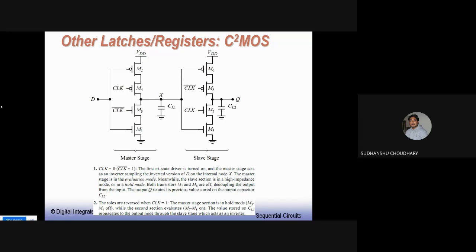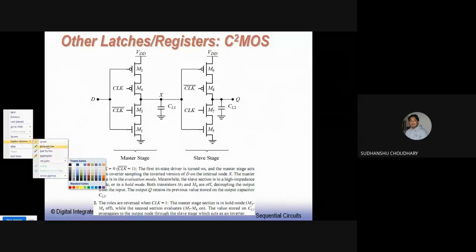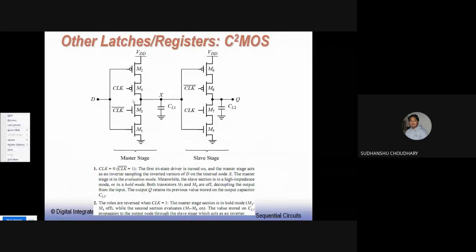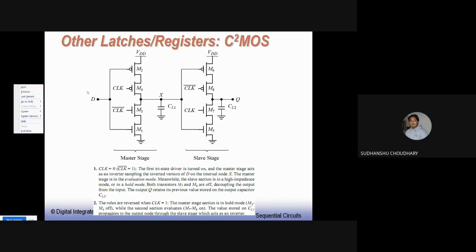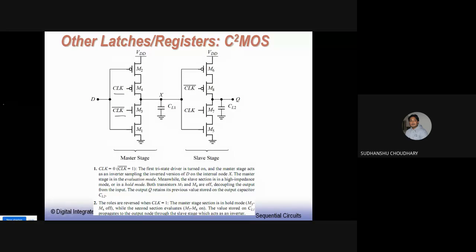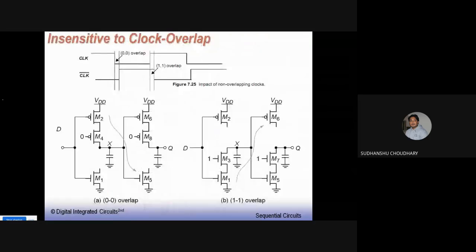For example, here, two non-overlapping clocks are required, that is clock and clock bar. So they have to be non-overlapping. If they are overlapping, then the correct functionality cannot be obtained. So it requires two non-overlapping clocks.